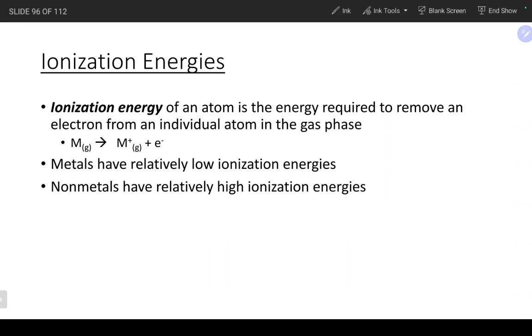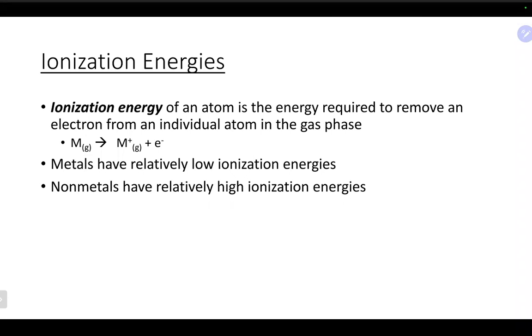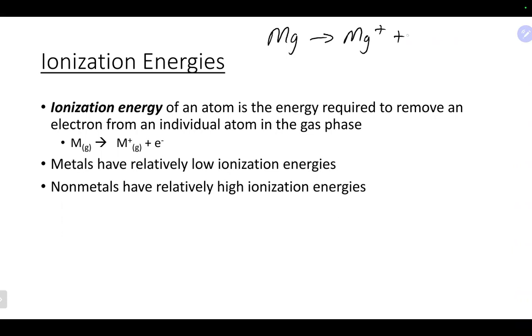So for example, if you took something like magnesium, the first thing that would happen is magnesium would pretty much dump 1 electron and become a positive 1 charge. This is what is referred to as the first ionization energy. That would be the energy required to remove the first electron in magnesium.